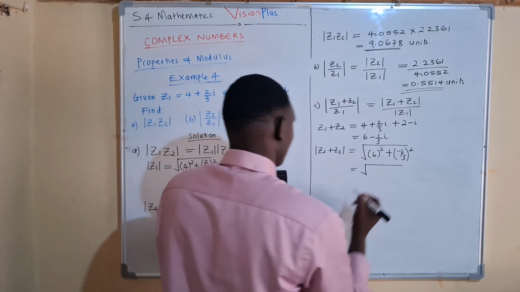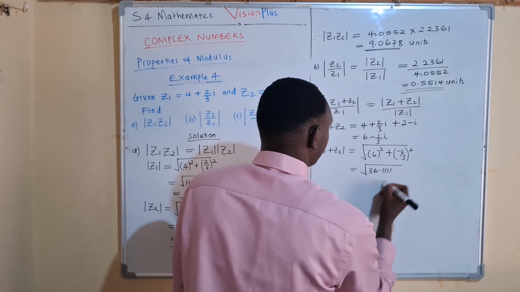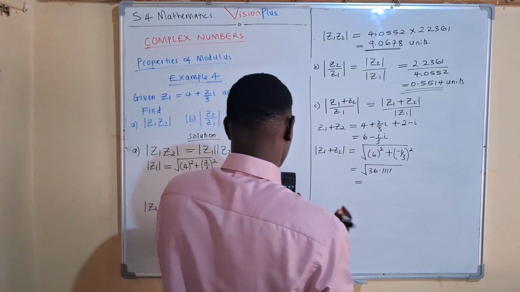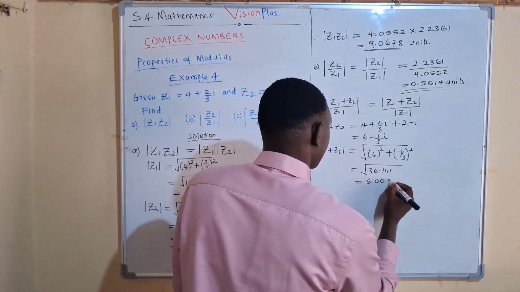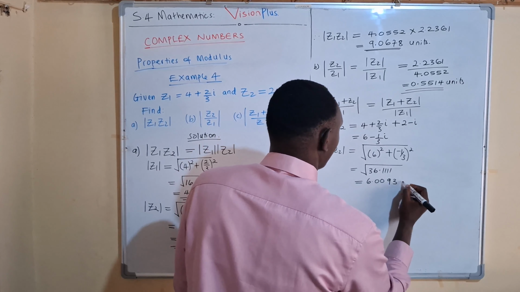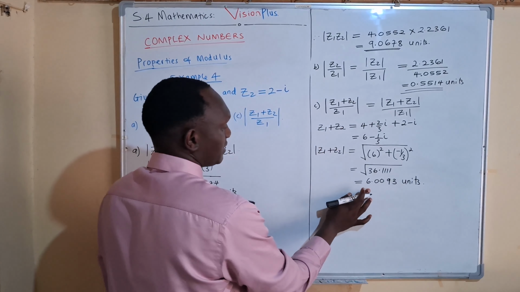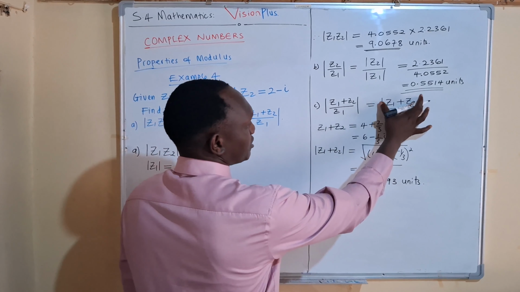On solving this, we shall get here 36.1111. And what is that square root? It is 6.0 something, 6.00939 units.